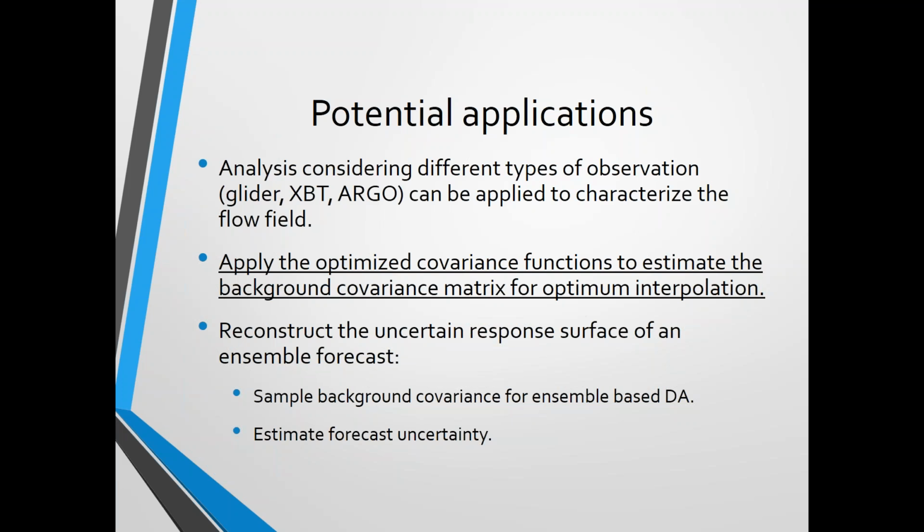It's kind of a complicated name, but it means that if you have an ensemble of model forecasts generated by a perturbation of a few specific parameters, you can obtain the functional relation between the uncertain space of your model and your forecast, and you can use that to estimate the uncertainty of this forecast, and also to estimate the background covariance function. So thank you.